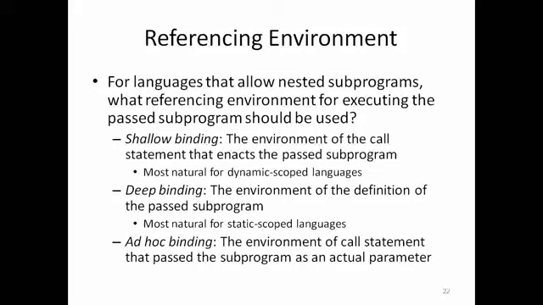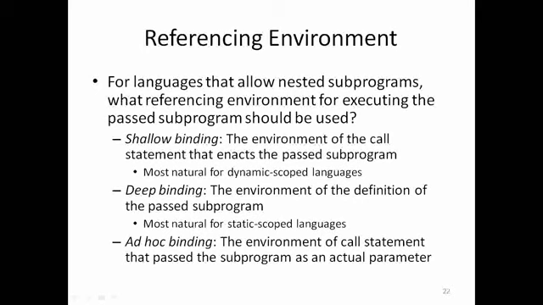There are three possibilities. 1. It is that of the subprogram that enacts it, also called shallow binding. 2. It is that of the subprogram that declared it, also called deep binding. 3. It is that of the subprogram that passed it, also called ad hoc binding, however it has been used rarely.